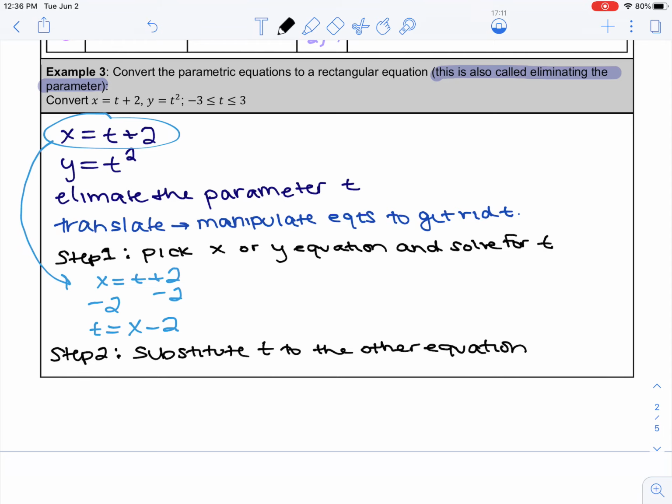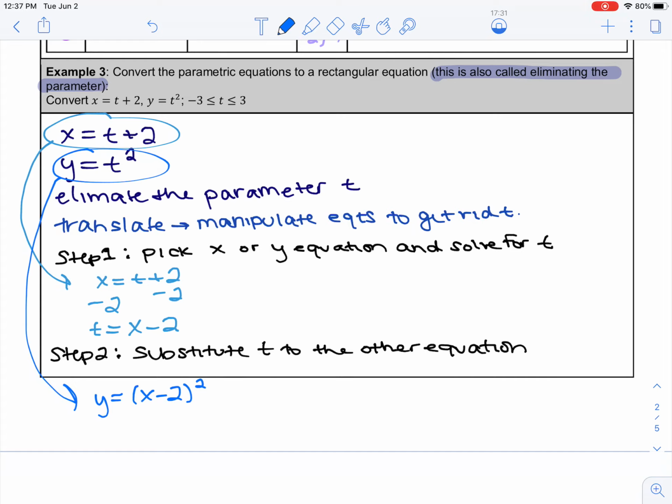Our other equation is right here, this y equals t squared. So instead of y equals t squared, well, now I know that t is actually x minus 2. So instead of squaring t, I'm going to have x minus 2 squared.